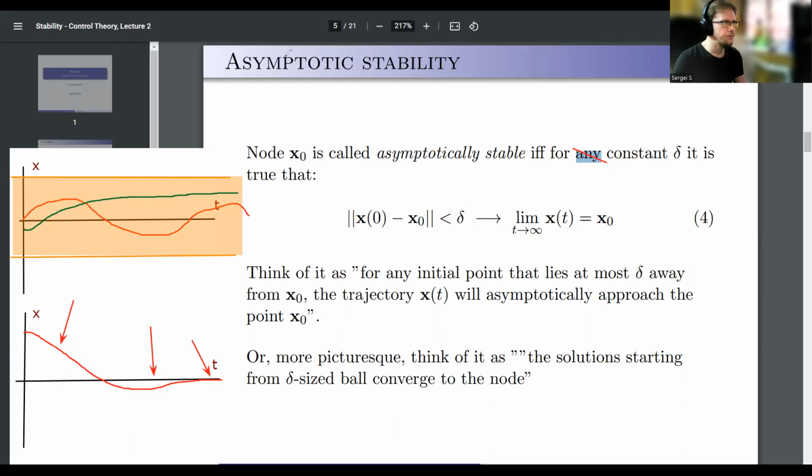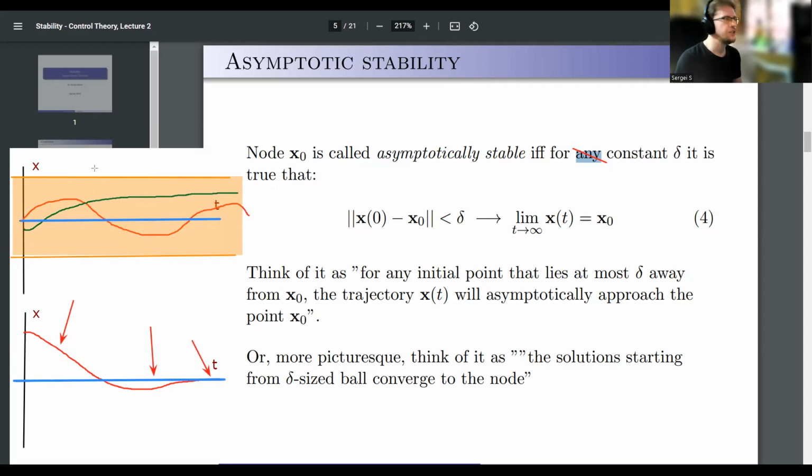Let me try to draw it. Let's say that the node is, in both cases here, at zero. If the system is stable, it doesn't imply that the solutions will converge to the node. It doesn't imply anything about that. It only implies that they do not go to infinity, so they don't go somewhere away from the node.